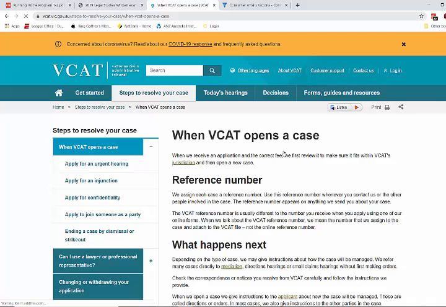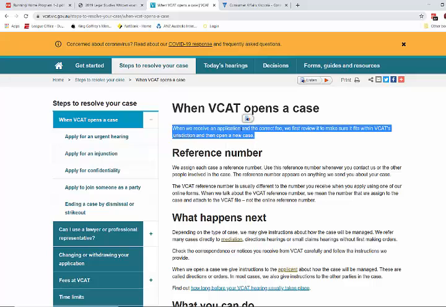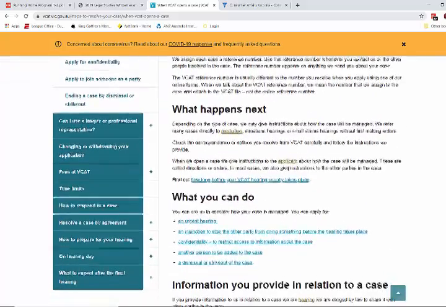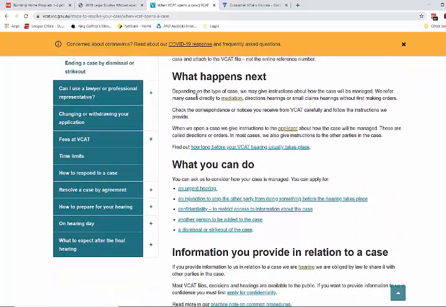So imagine we've done that form where Zena, we've decided that VCAT's the best option. VCAT, when they receive the application, is going to review it to make sure that it fits their jurisdiction. And if it does, they'll open up a case. I want to jump straight to here, talk a little bit about getting a reference number, but that's not important.